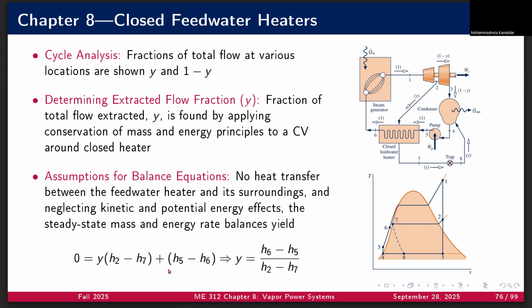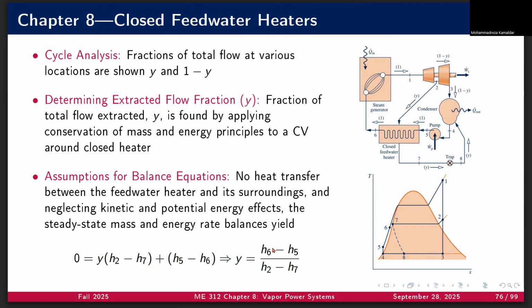So using this, we can solve this simple equation for the fraction Y, and we can obtain this relationship for Y. So this equation is critical. It shows that the required flow fraction Y is determined entirely by the specific enthalpies at the 4 state points around the closed heater.